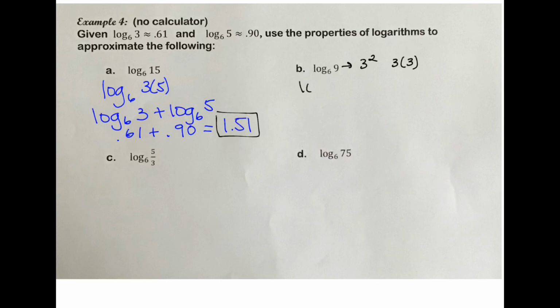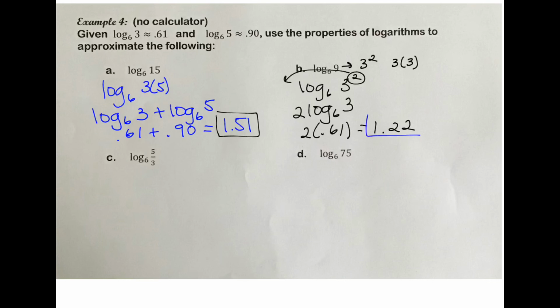So if I change this to be log base 6 of 3 squared, the property is bring that exponent to the outside. So it ends up being 2 times log base 6 of 3. Well, log base 6 of 3 is 0.61. 2 times 0.61 is 1.22. So you've now figured out the decimal equivalent without using any sort of calculator.